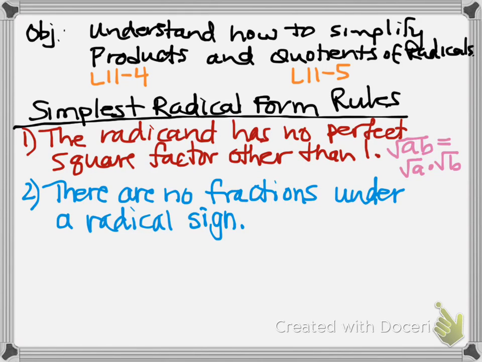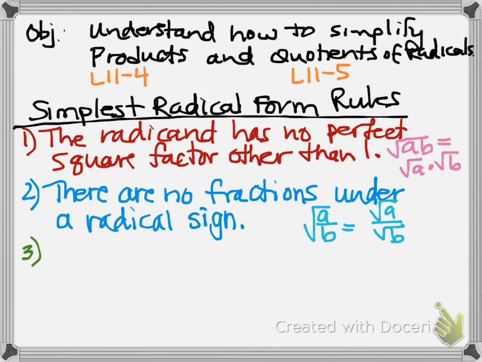And on this one that we just talked about, no fractions, if you do have a fraction under the radical, remember you can just try to take the square root of the numerator and the denominator. Now, when we did this, we took the square root of p to the 6th or 8th, whatever it was, divided by 400, and we were able to take the square root of the numerator and the denominator. Tonight may not be the case. Tonight there may be leftovers, and then that brings us to the third rule.